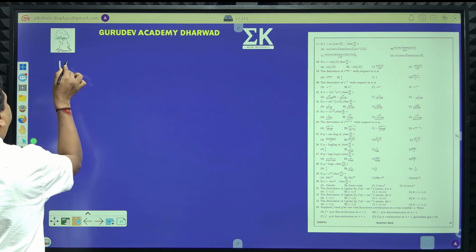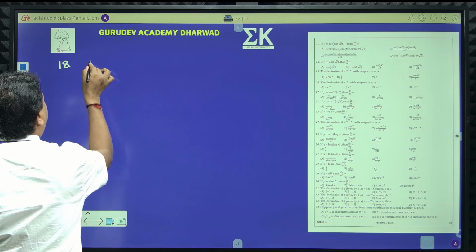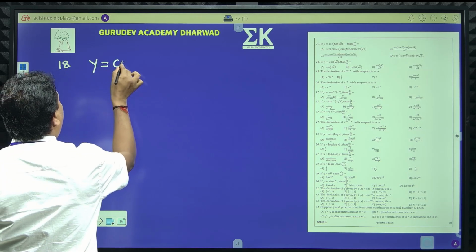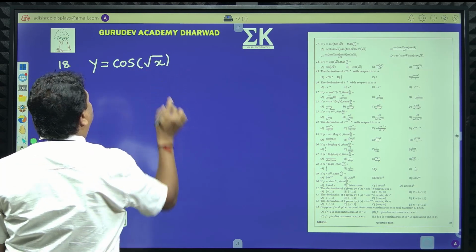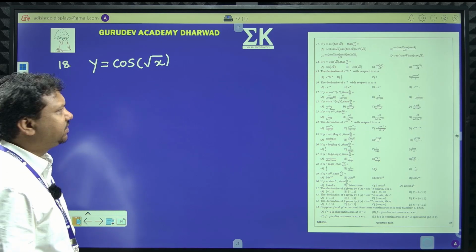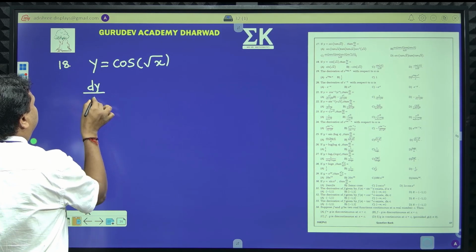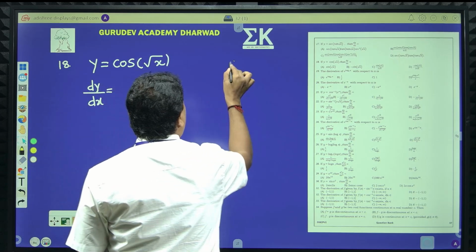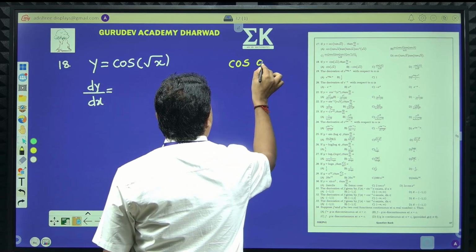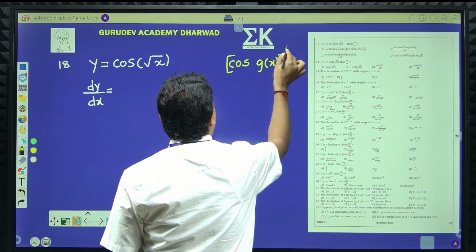Question number 18. If y is equal to cos of root x, then what is dy by dx? Which identity are we using? Cos g of x identity. I repeat, we are taking care of cos g of x differentiation. What is cos g of x differentiation?